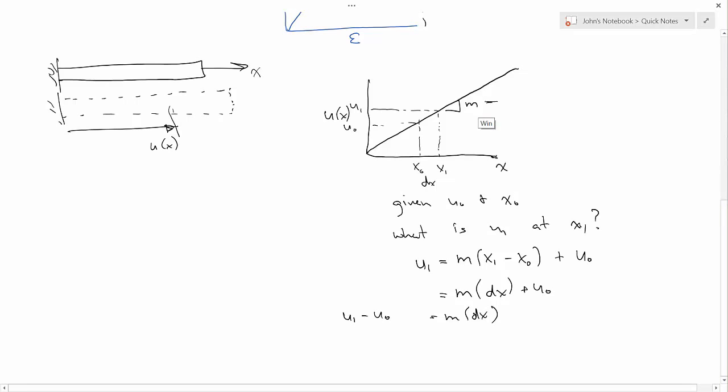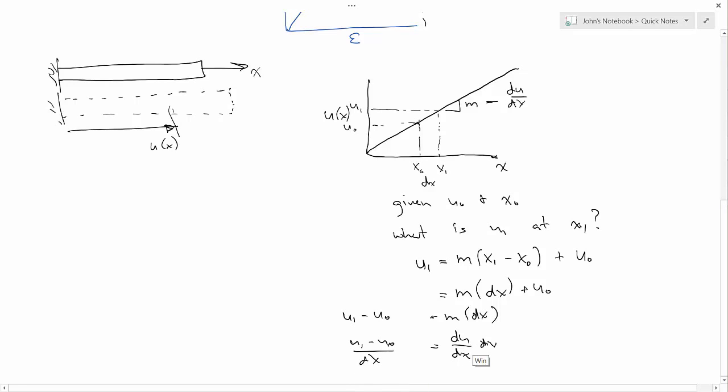The slope at any point is the derivative, which in this case is du/dx. So we write du/dx equals U1 minus U0, and then divide by dx.